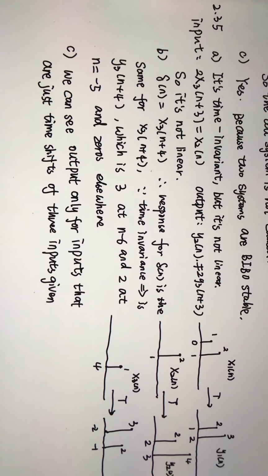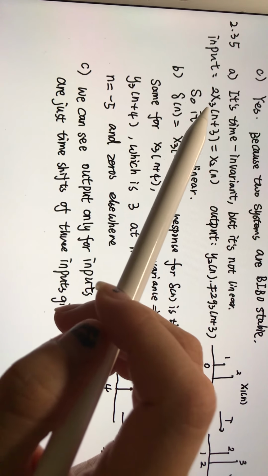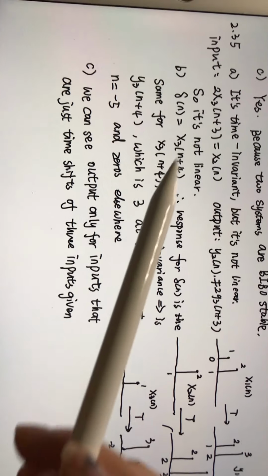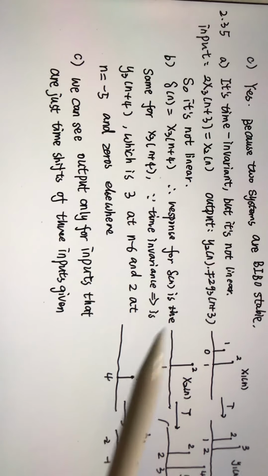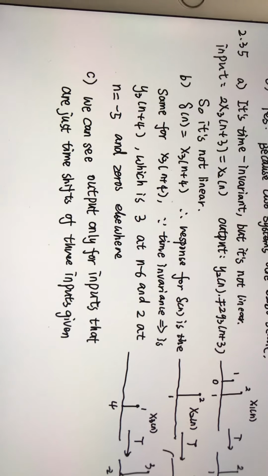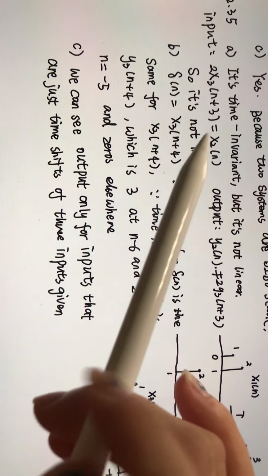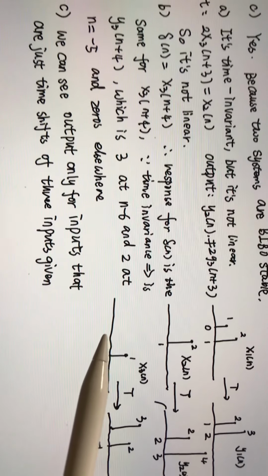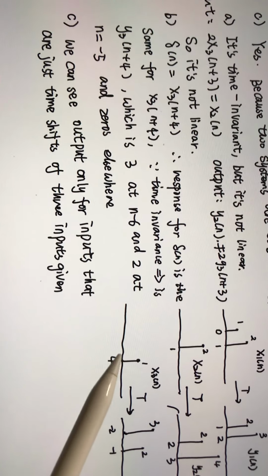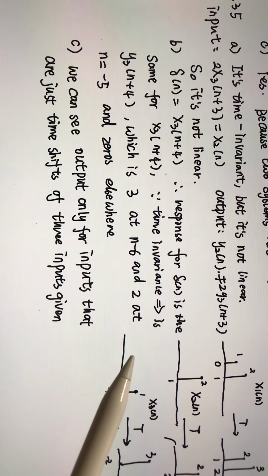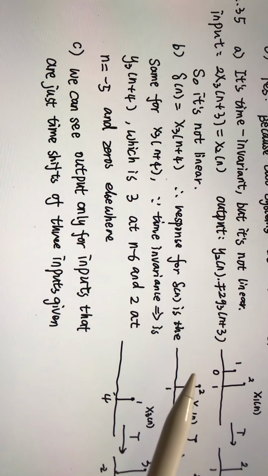For example, for the input of x3 function, the third function, if we move this to the left side, so this one changes to n-8 and this function will equal x2, but because this 4 will move to 1, if we multiply by 2, this one will equal this one.